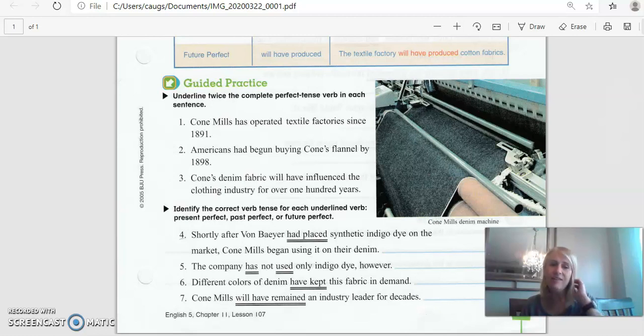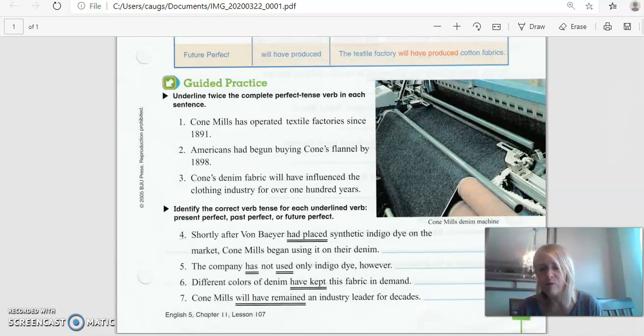And number 5, the company has not used only indigo dye, however. Okay, this one's a little bit confusing, I know, but we're only looking at has used. We're not really focusing on the word not. It's the helping verb plus the past participle used. So it has used.